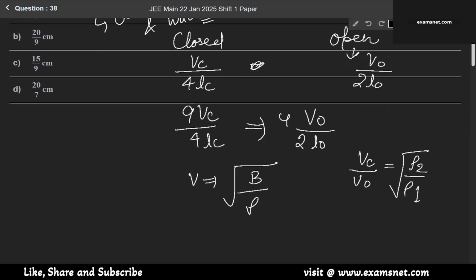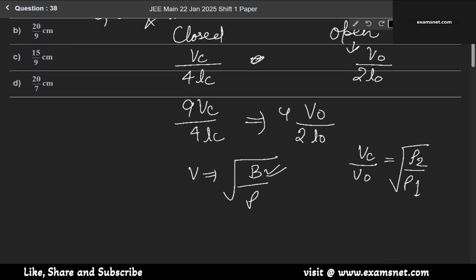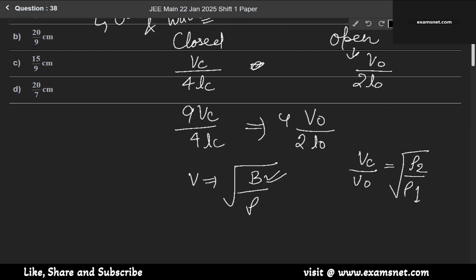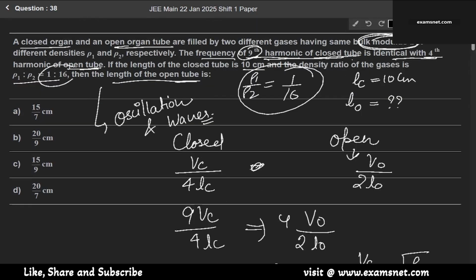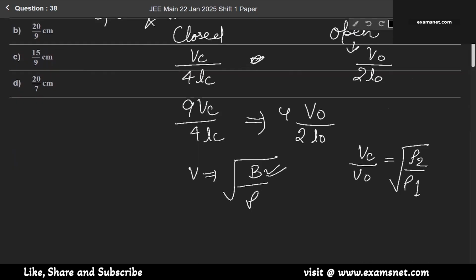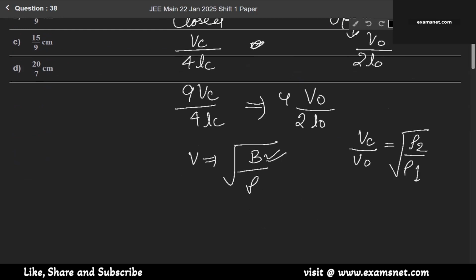Okay, bulk modulus is same. So for same bulk modulus, Vc over V naught is equal to root of rho 2 over rho 1, and the ratio is given as 1:16. So for 1:16, Vc over V naught is equal to 4.